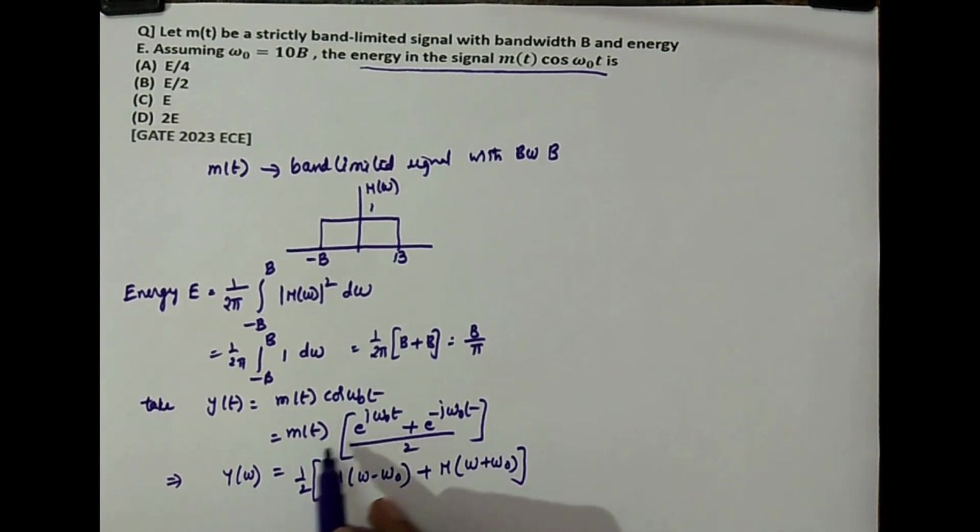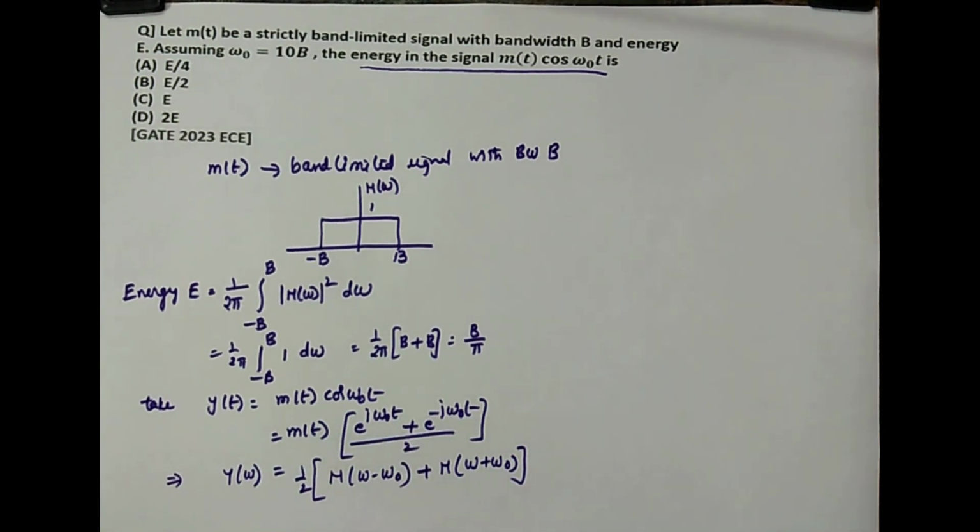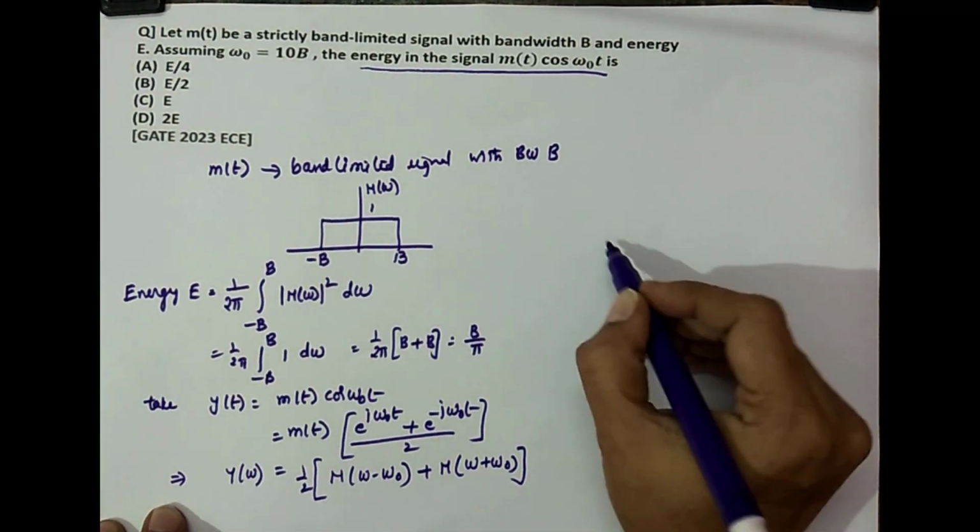So M of t, Fourier is M of omega. Then as M of t is multiplied with e power j omega naught t, that M of omega gets shifted. That is M of omega minus omega naught, and for the next term it is M of omega plus omega naught. So how to plot this?